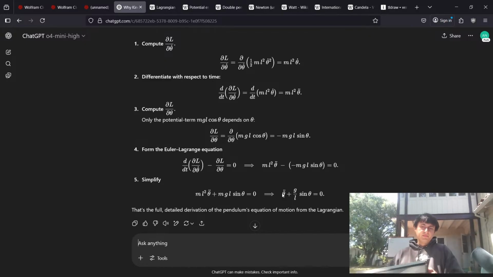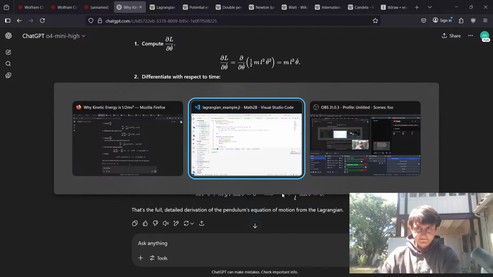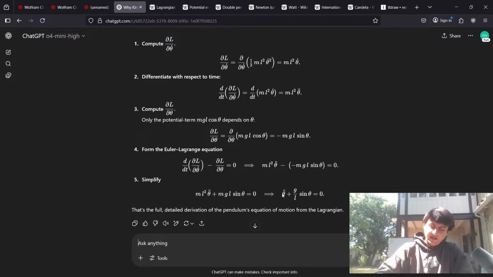Now we want to do the double pendulum Euler-Lagrange derivation. So let's just rewrite down what we had. We had a drawing.